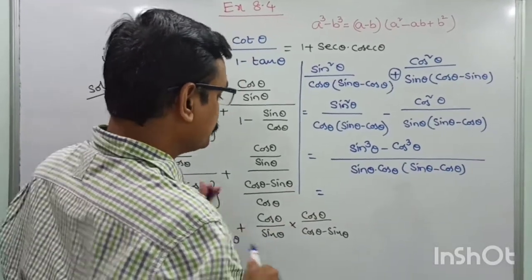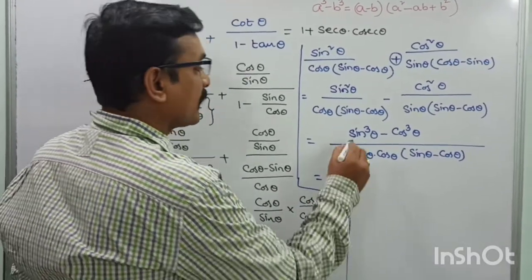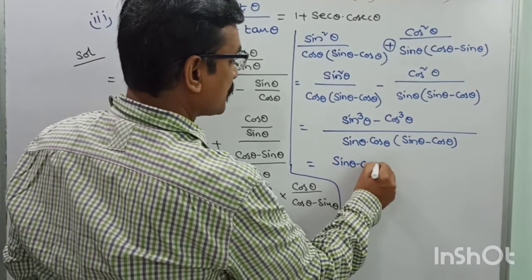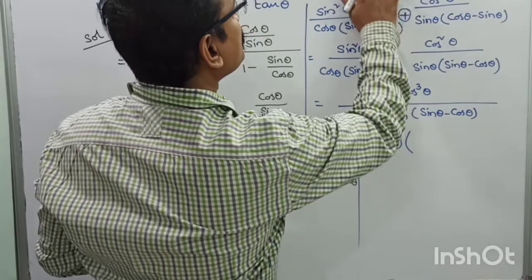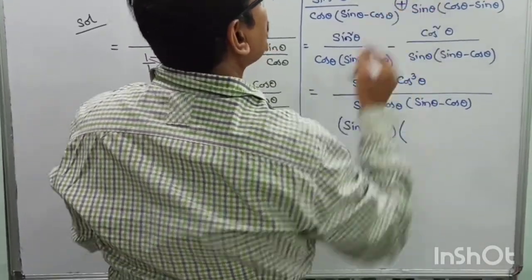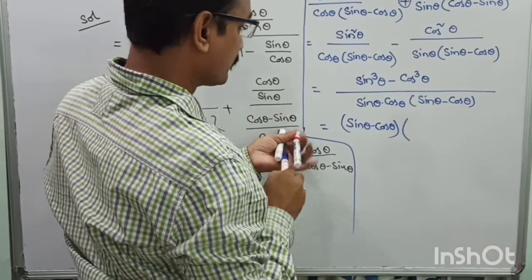Now a cube minus b cube. So sine theta minus cos theta into a square plus ab plus b square.